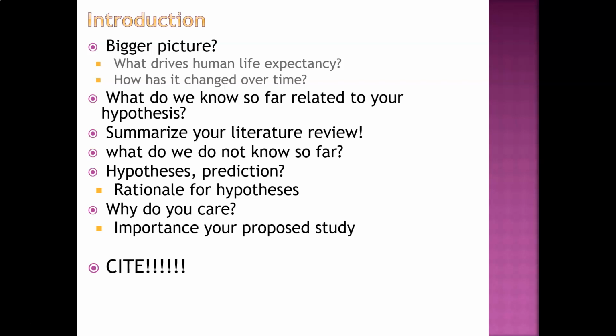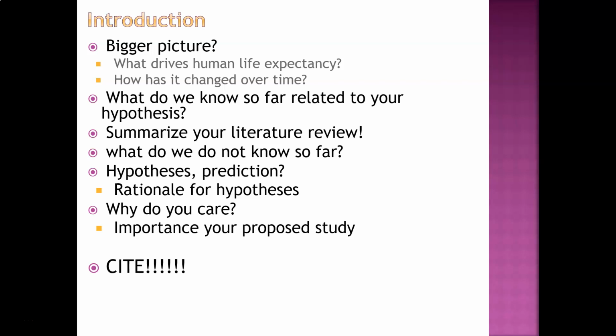How do those environmental factors and human behaviors impact the human population at a very small local scale? We probably don't know that. So that's a gap in the knowledge.